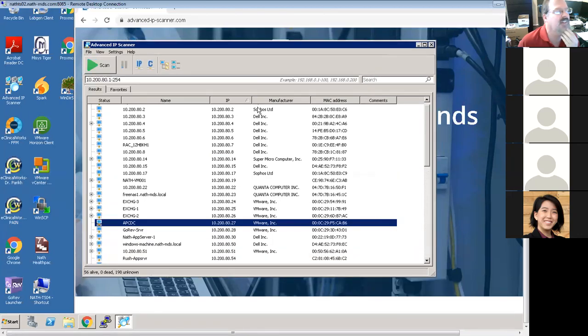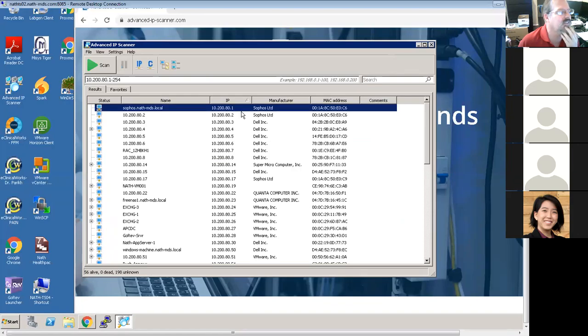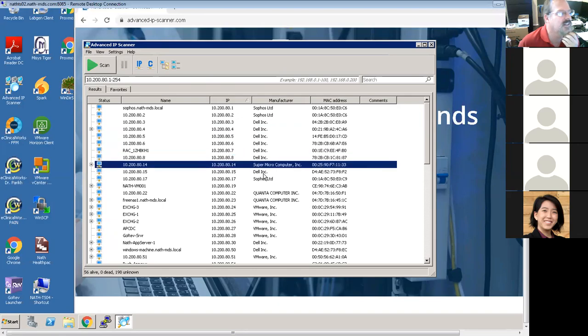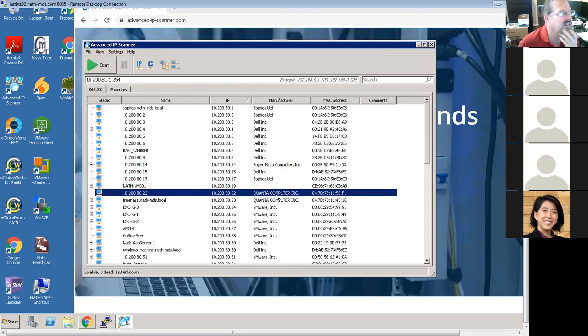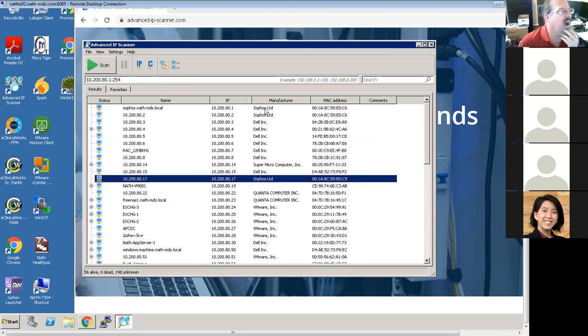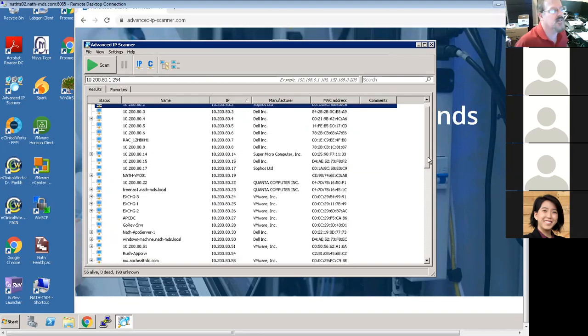You can see there's a Sophos firewall, which I was talking about 4397. There's a couple of Sophos firewalls. These are Dell servers. Supermicro, another Dell server. Are those Sophos appliances, or does it just give itself a specific MAC address? No, those are actual Sophos real machines.